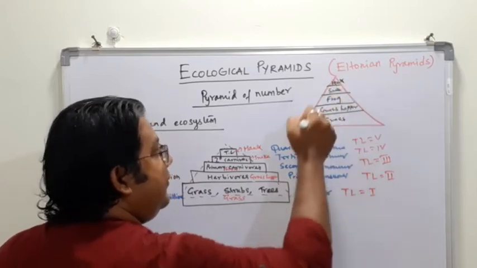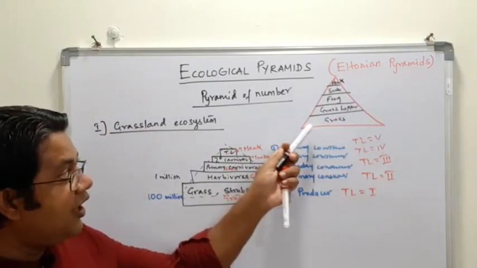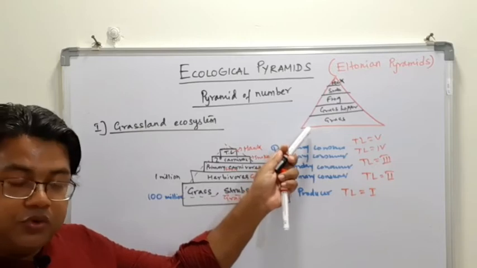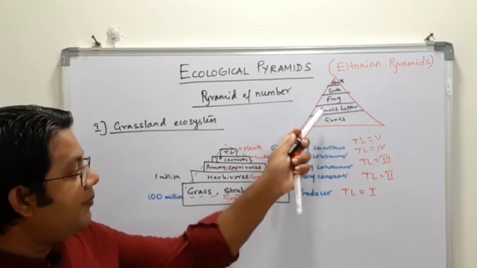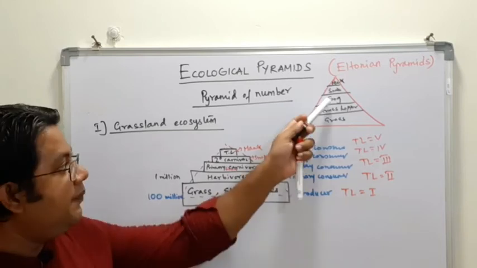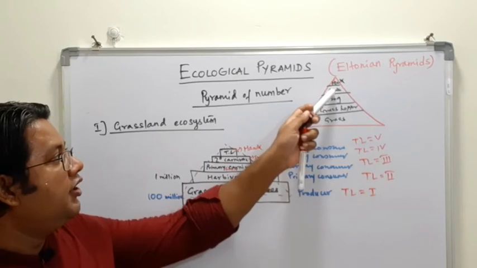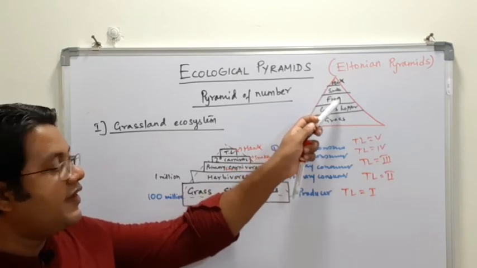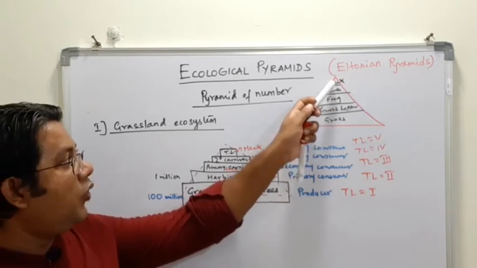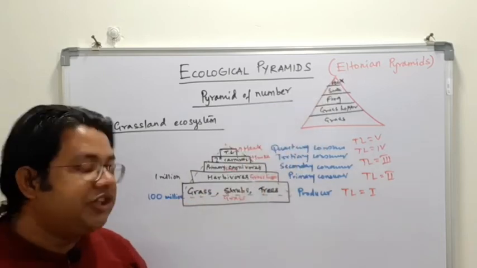So now this representation shows that the number of producers is more, then the primary consumers are less as compared to the producers, secondary consumers are less as compared to the primary consumers, tertiary consumers are less as compared to the secondary consumers, and the top carnivore or quaternary consumer is less as compared to the tertiary consumer.